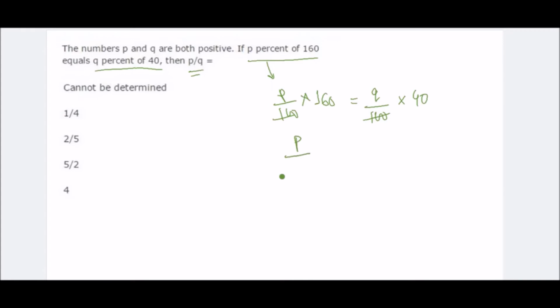So P by Q is equal to 40 by 160. So 0 0 is eliminated and 4 1 and 4 4. That will become 1 by 4. So here our answer is the second option, 1 by 4.